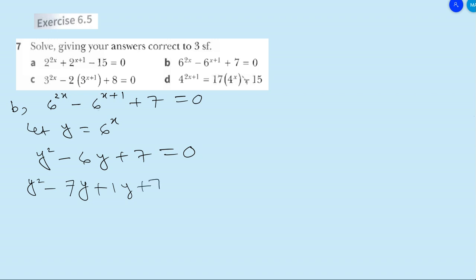But factorization looks not possible because this is minus 7 plus 1, so the signs will be different, and there are no other factors. So we will move to the quadratic formula, because the middle term break method is not possible.